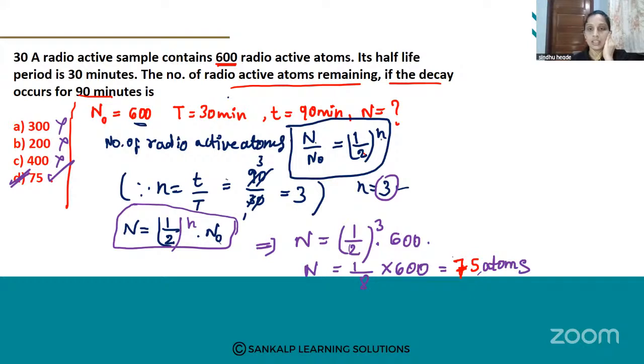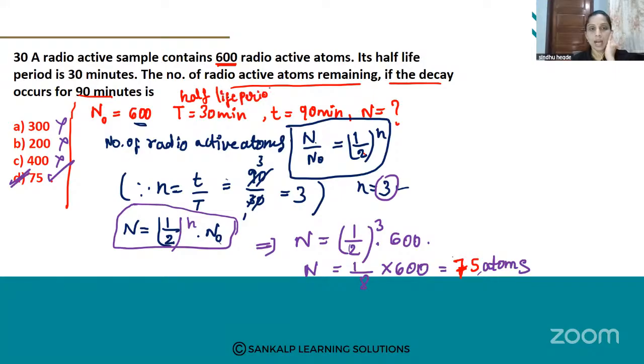Here they do not give this n value. It is nothing but t by capital T, that is the decay time divided by the half-life period. Here, what is capital T? This is the half-life period.